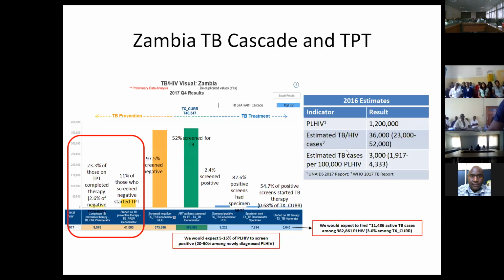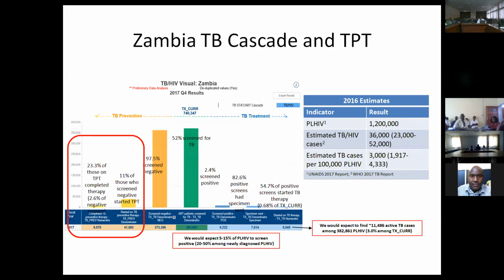So we have to look at how we are doing as a country. This was a study that was done early this year, and we found that of all the patients who are on ART, only about 52%, which is about half, were screened for TB. And about 97.5% of those who were screened for TB did not have TB.